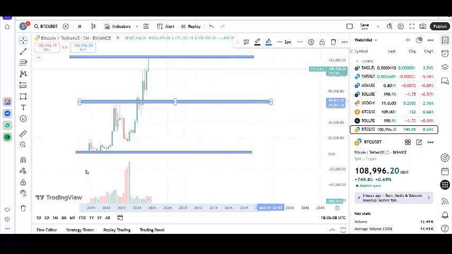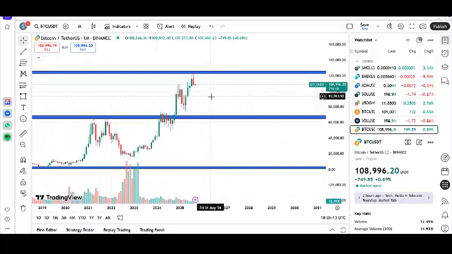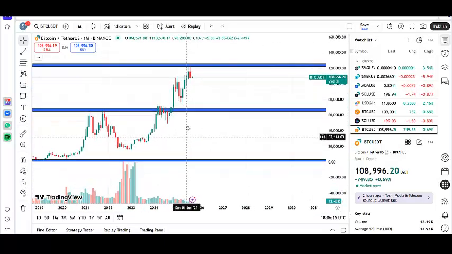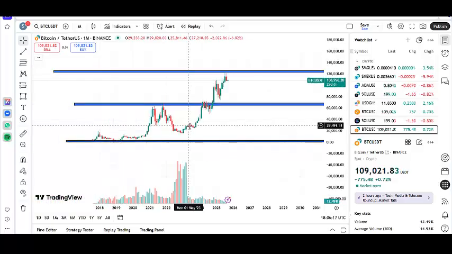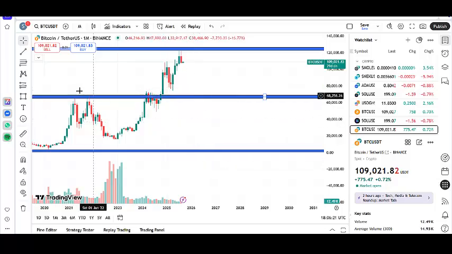So let's go to 1 month time frame. Let's see what's happening there. So this is the 1 month time frame. Let's try as much as possible to draw the support and resistances as we see them here as well. So this obviously is a support region.